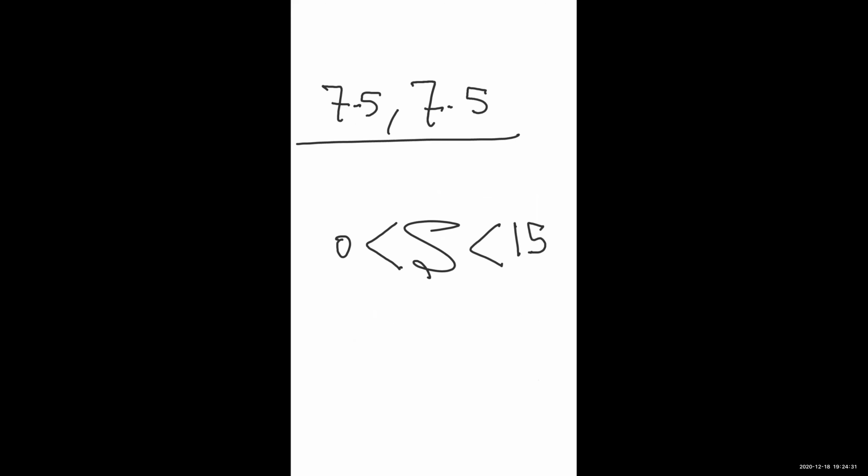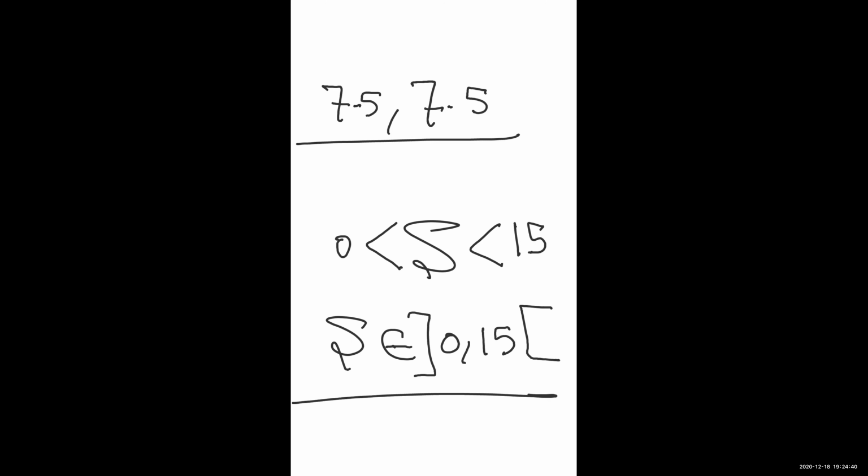So the side belongs to the interval 0 and 15, and of course it's open, as I told you. Is it clear? Yes. Okay, very good. So that was lessons 3 and 4. It's very easy. By the way, this unit is very easy, so it's free marks.